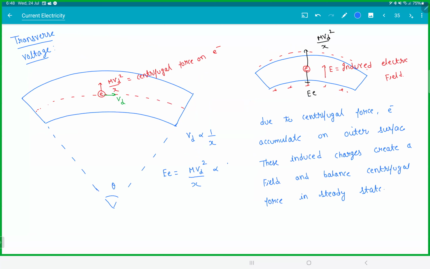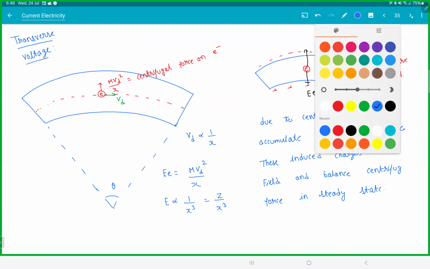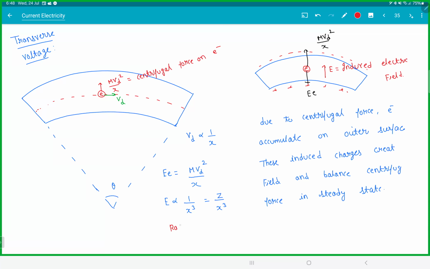So this is proportional to 1 by x cube. You can find the constant. So you will get some constant, some Z by x cube. So this would be a radial electric field. Z you can calculate, Z is some constant.